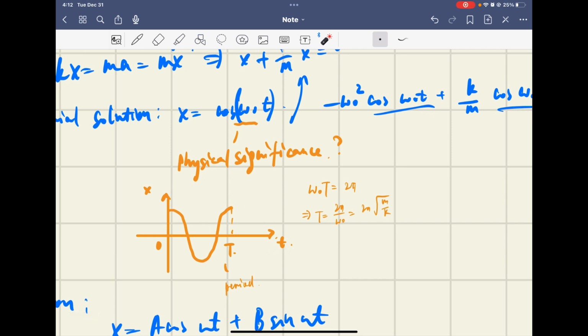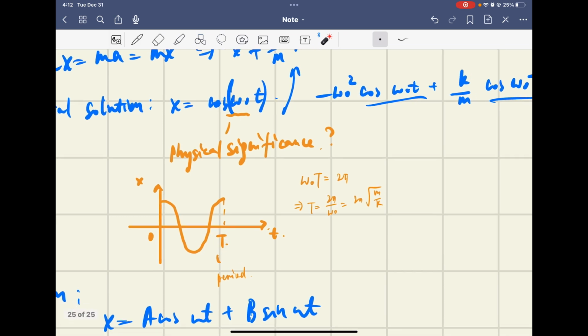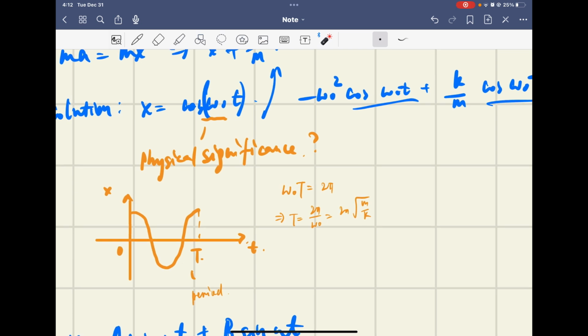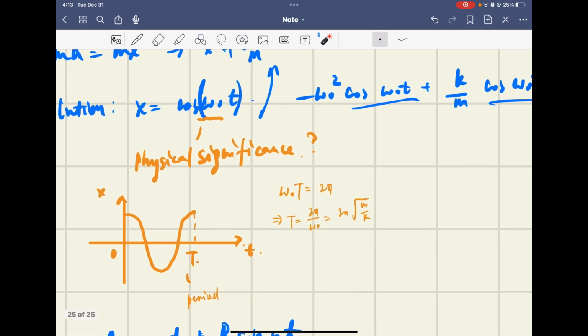Since it's a cosine function, it's periodic, so it has a period. The cosine function has a period of 2 pi, and we add the coefficient omega 0 to it. So the period is changed. When omega 0 times the period equals 2 pi, it has a complete cycle.